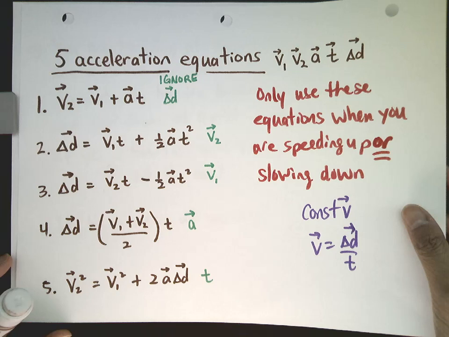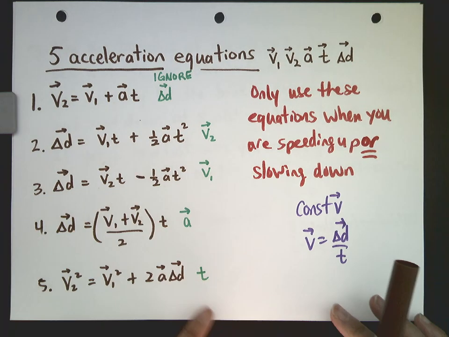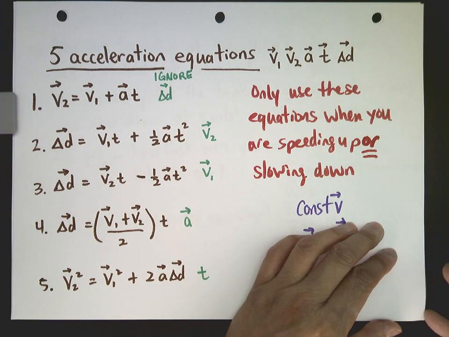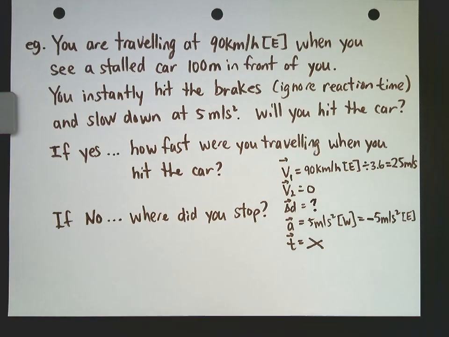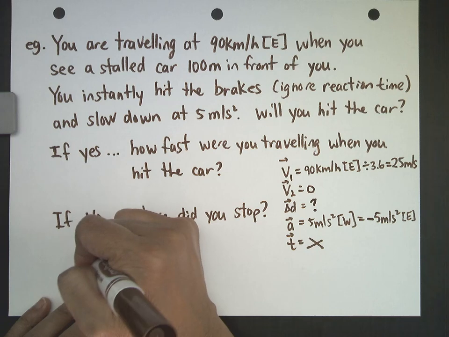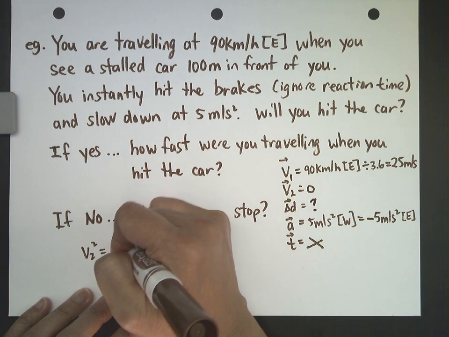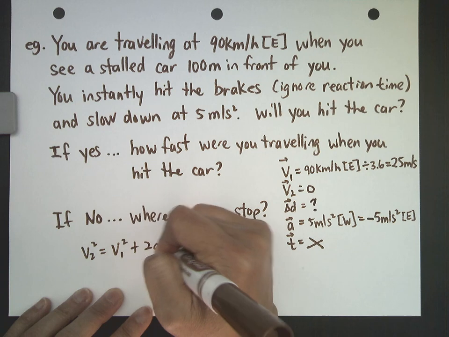And if you go to the ignore list, you will notice we are going to use equation 5. So let's use equation 5 over here. V2 squared is equal to V1 squared plus 2ad.